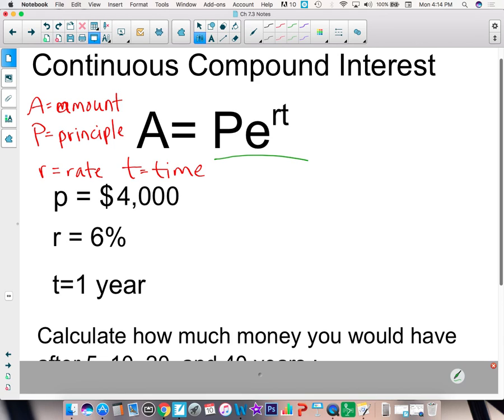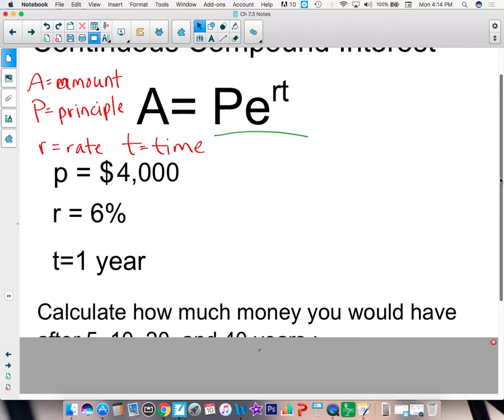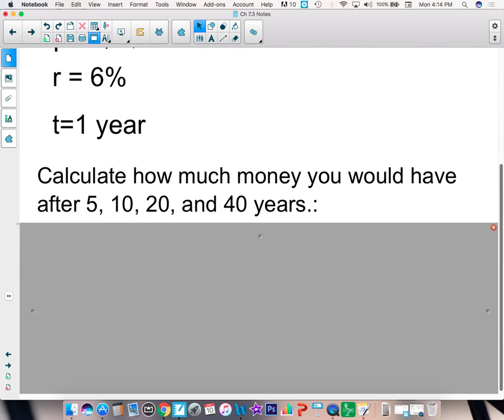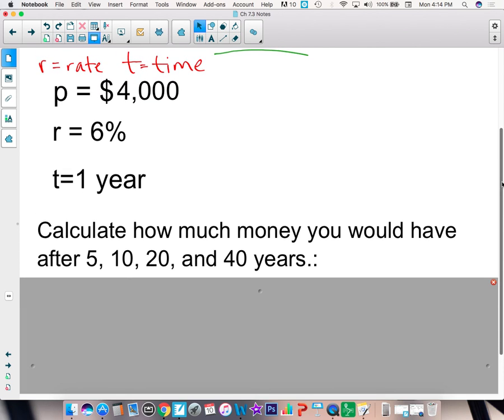That's an easy way to remember the equation. So PERT. You got to remember that you have P times exponential to the R times T. So looking at an example here. Calculate how much money you would have after 5, 10, 20, and 40 years. All right, so I'll get you started on the first one here, and then I'll let you do the other ones. So we have amount equals P e to the RT.